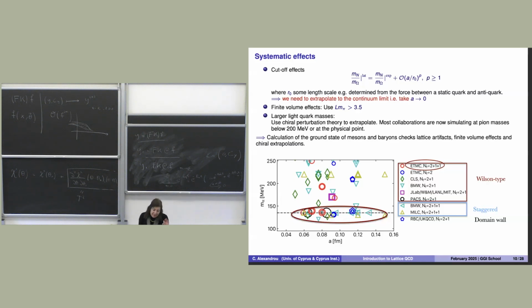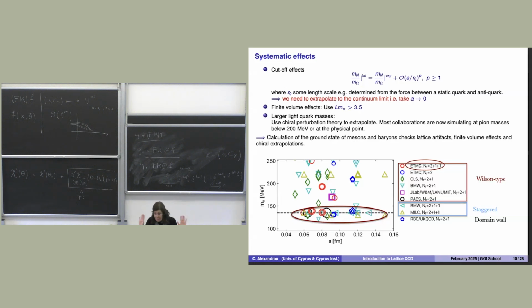What they have done, which has helped the community a lot, is that the minute they produce a sample, it's open to everybody to use. So you can just download it and use it. Many people download those configurations, which are staggered, and then they do Clover fermions on top. So this is a kind of hybrid action, okay?